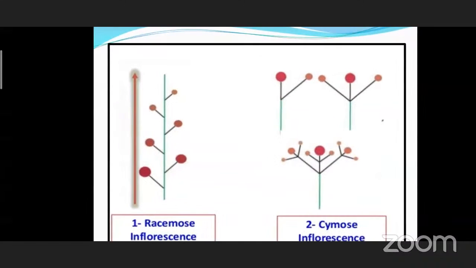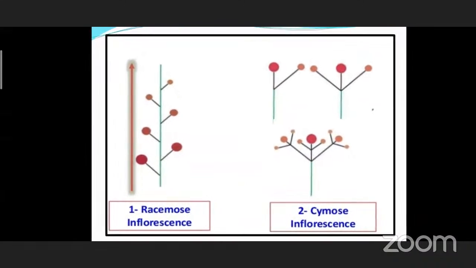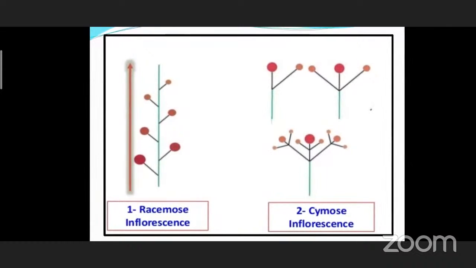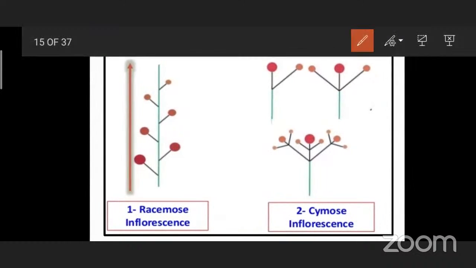See here in the picture, this is racemose inflorescence and cymose inflorescence. In the racemose inflorescence, this is the main axis. The flowers are borne on the main axis alternately. The oldest flowers are toward the outside, but the youngest flowers are toward the center.